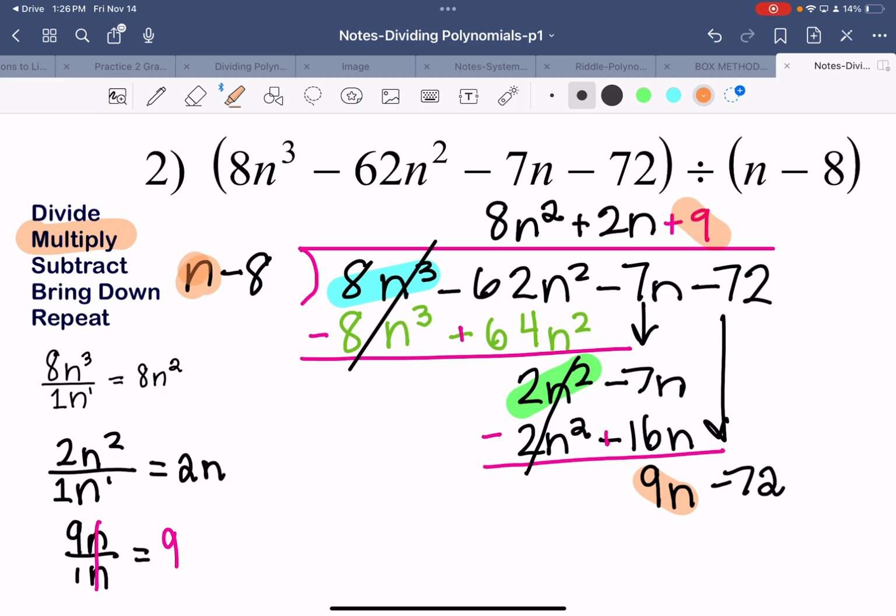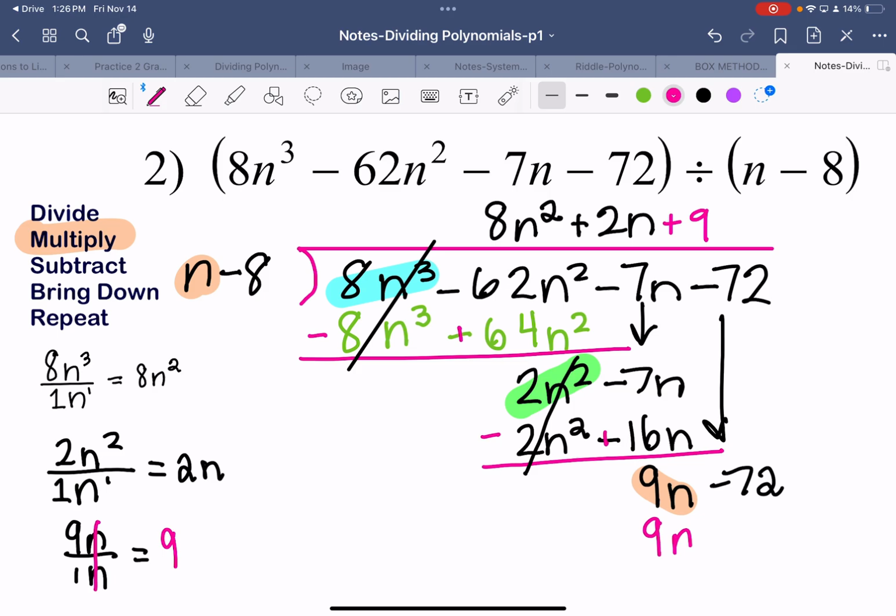So 9 times n gives me 9n. 9 times negative 8 gives me negative 72. And now we're going to subtract. So both of these signs flip and both of them cancel.